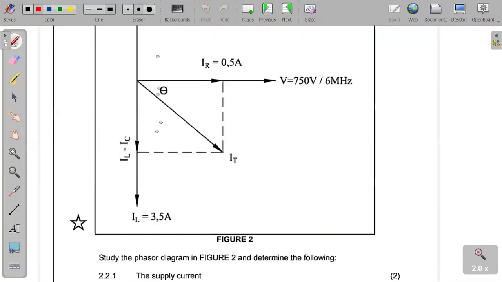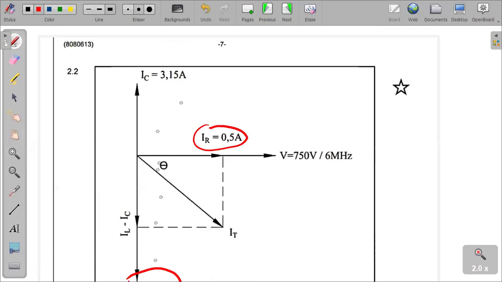And what do we notice here? We notice IR, we notice IL, and we notice IC. Then we have IL minus IC on our phasor diagram. Apparently, the information we have there tallies with a parallel RLC circuit.